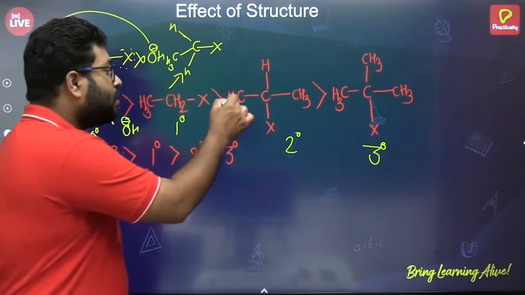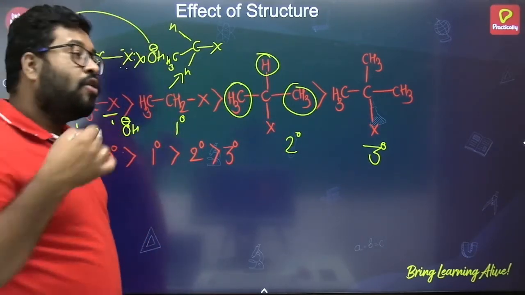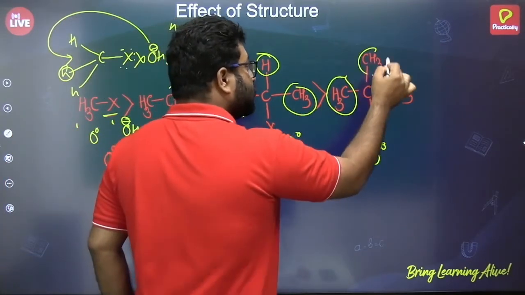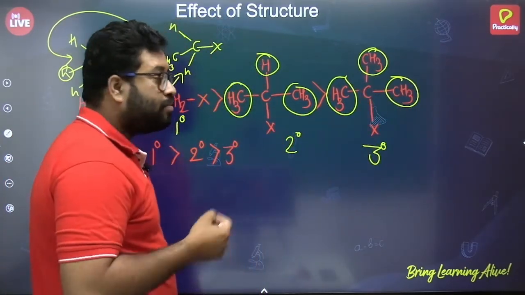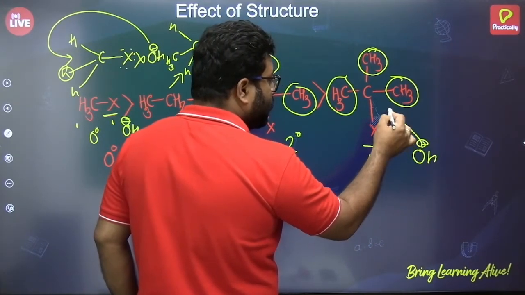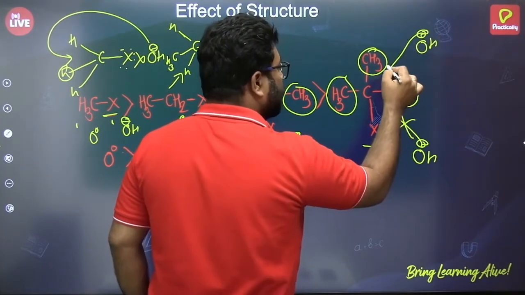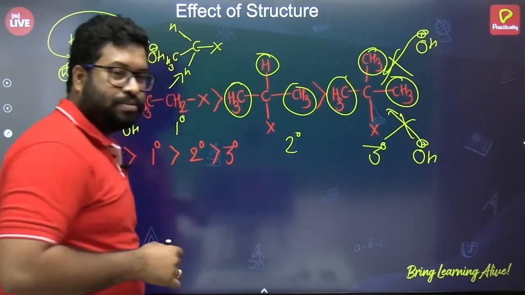Secondary alkyl halide, two methyl groups are there, single hydrogen. Tertiary alkyl halide, all the three hydrogens have been replaced by methyl groups. Now, where would your OH minus attack? The attack from here was not possible. Now, the attack from here is also not possible.